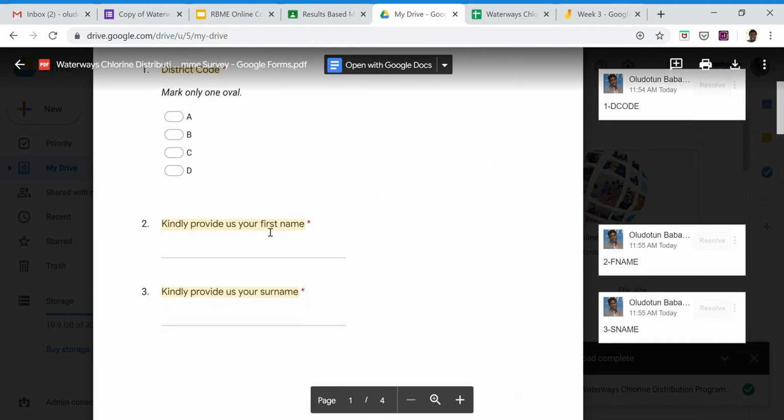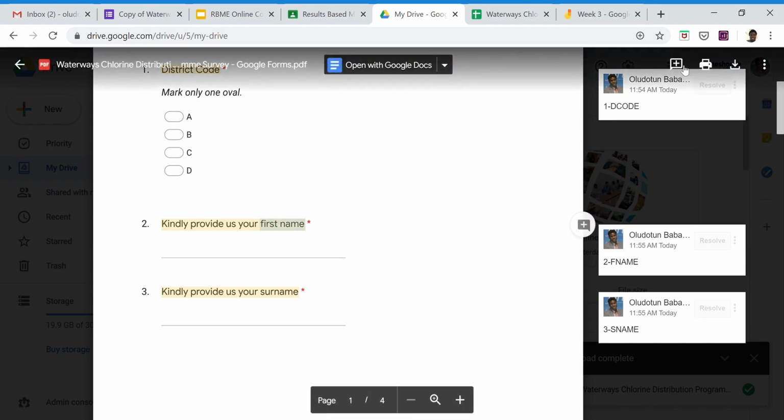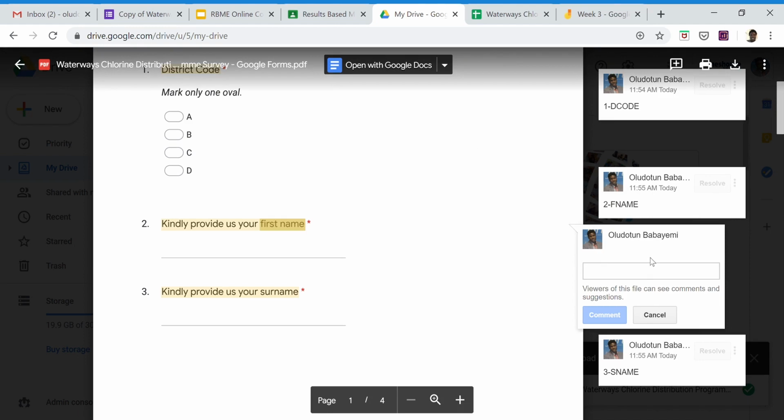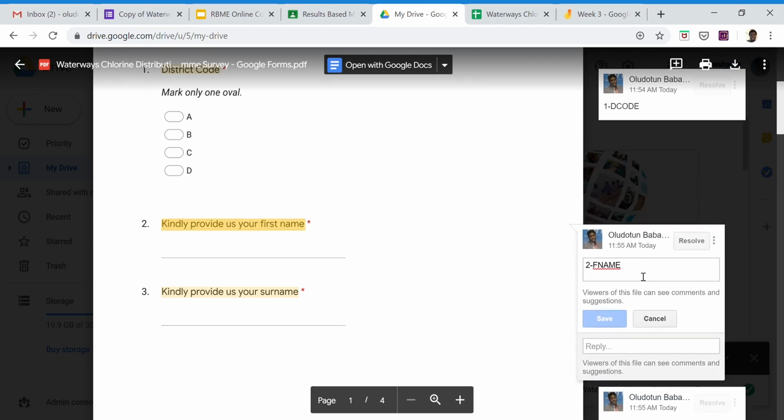So for example, my first name, what does that mean actually? First name actually falls under nominal. I can cancel and just put it here and edit and say nominal.